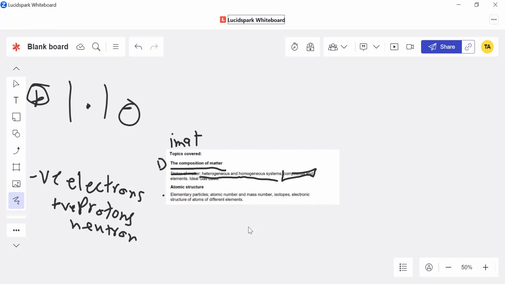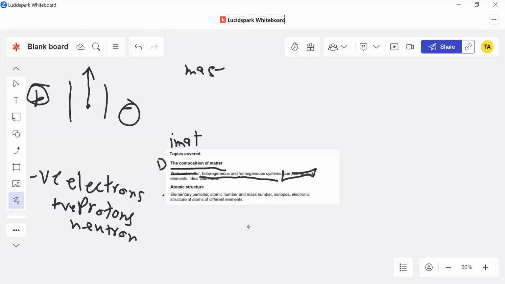Then the proton will move to the negative plate because protons are positively charged. It will be attracted by the negative charge. Similarly, electrons, right? It's negatively charged. It would be attracted by this positive plate, and so they move to the positive plate. And finally, neutrons, right? They would go straight through because neutrons are neutral. They won't be attracted by any of the plates.